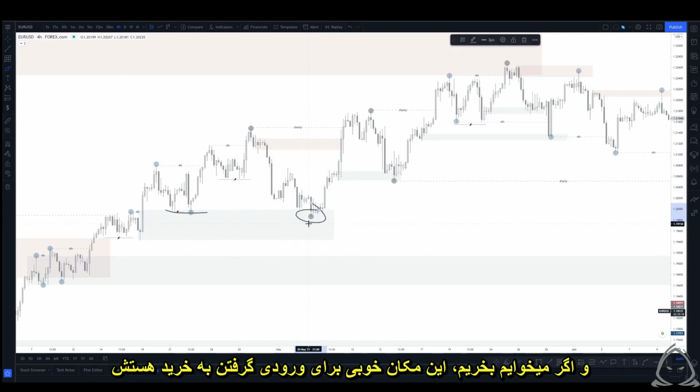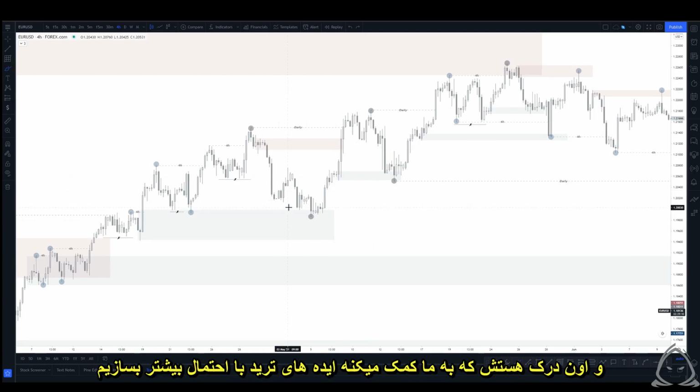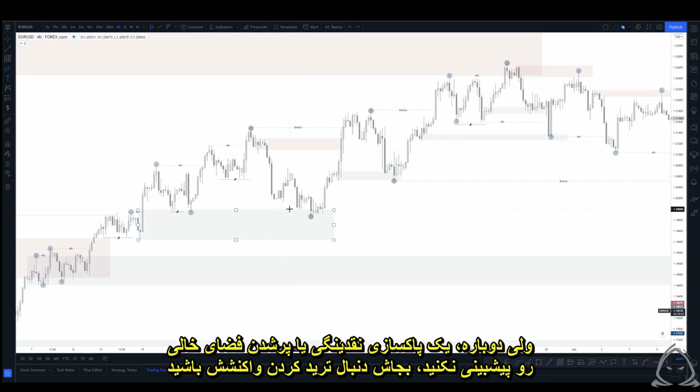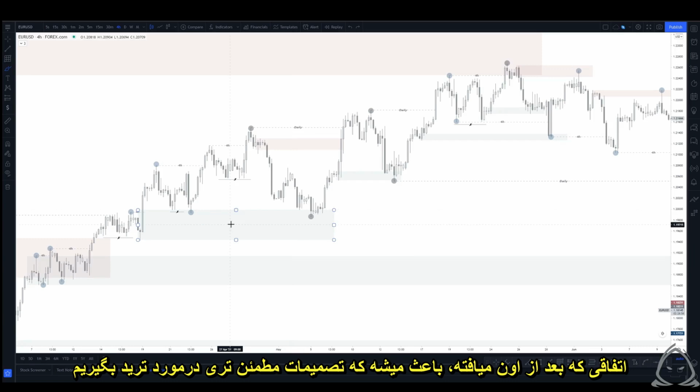And if we're looking to buy, that's probably going to be one of the better spots to look for buy entries to build a trade idea. It's that understanding that helps us build higher probability trade ideas. But again, don't anticipate a sweep of liquidity or a void being filled, but instead trade the actual reaction, the after-the-fact play of that.